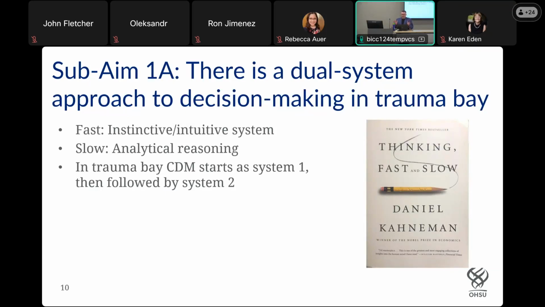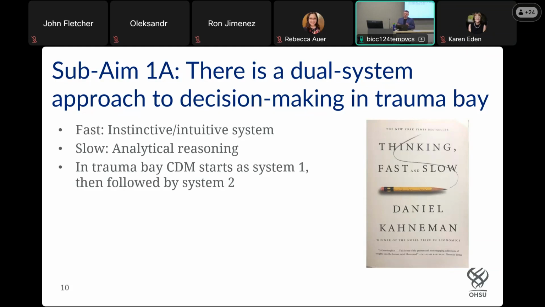There are two systems we are using, and I'm referring to the book by Daniel Kahneman, Thinking, Fast and Slow, because many people have read it, and it's actually a good read, and it explains the concept. There are two systems people employ when making a decision. Fast, which is intuitive. It happens in a blink of an eye. We instantly recognize something, and we make a decision based on that.